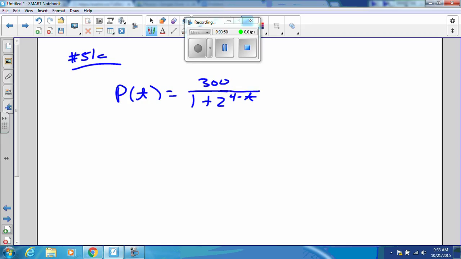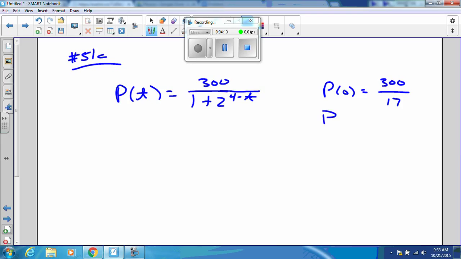Before we get into this problem, let's try to understand a little bit what's going on with it. When I try to understand an equation mathematically to map it to the real world, I start looking at values. So I look at P of 0, and P of 0 would be 300 over 1 plus 2 to the 4th.